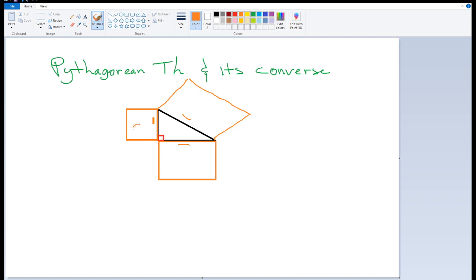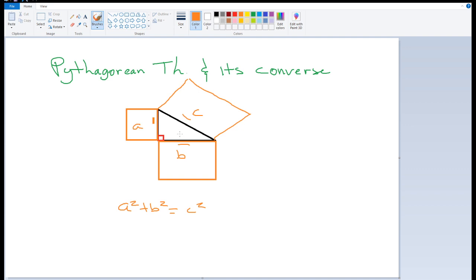Thus we have a squared plus b squared is equal to this square called c. That's where we derive that formula: a squared plus b squared is equal to c squared. So that's basically how this formula is derived.